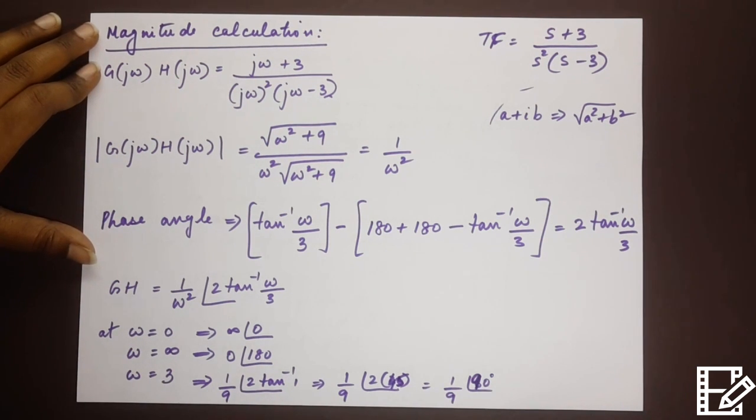So this tells us a whole lot. We have the phase angles of 0, 180 and 90, for the values of omega we have taken, 0, 3 and infinity. So this tells us that the plot starts from 0 and it goes to 180 through 90.